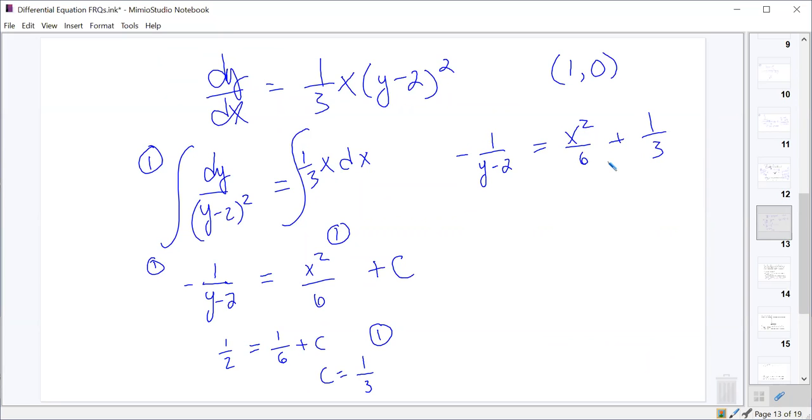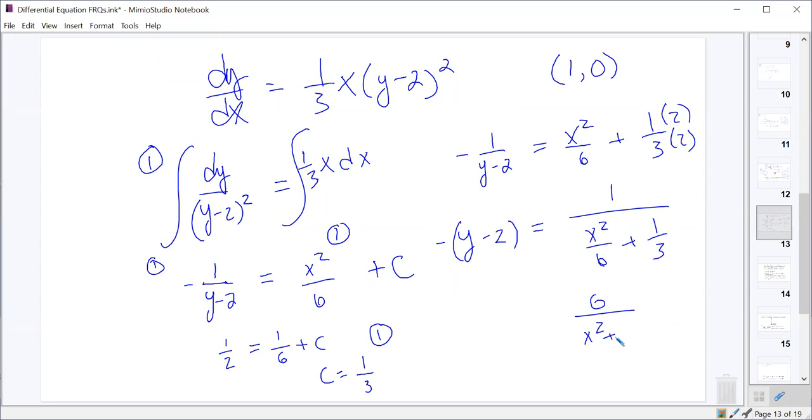And we would get ourselves a common denominator if we wanted to take the reciprocal, or we could just write it as negative y minus 2 equals 1 over this, if you want. Personally, I prefer to write it as 6 over x squared plus 2.